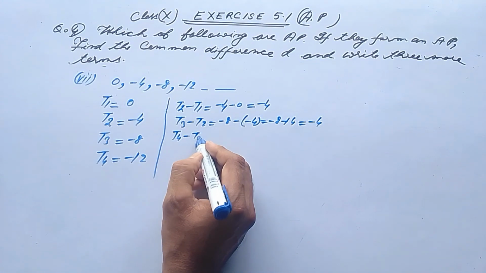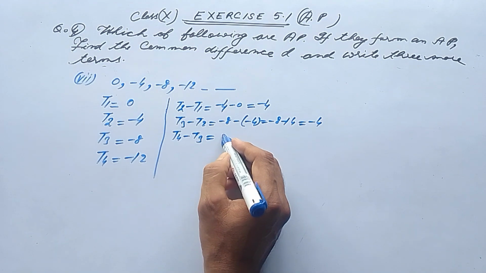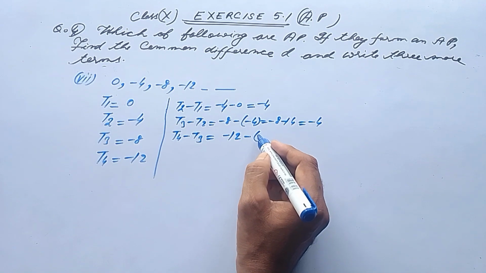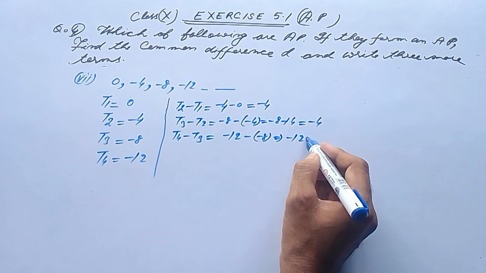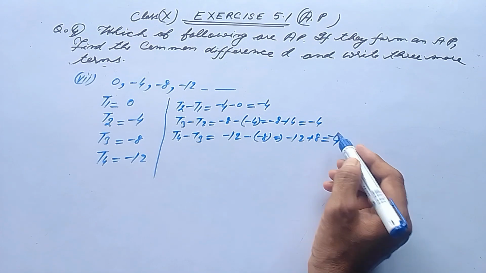T4 minus T3. T4 that is -12 minus T3 that is -8. We have -12 plus 8 equivalent to -4.